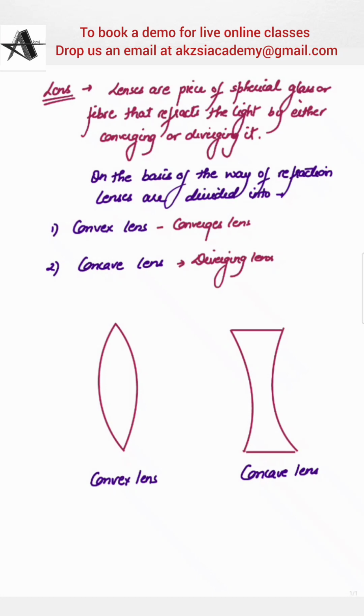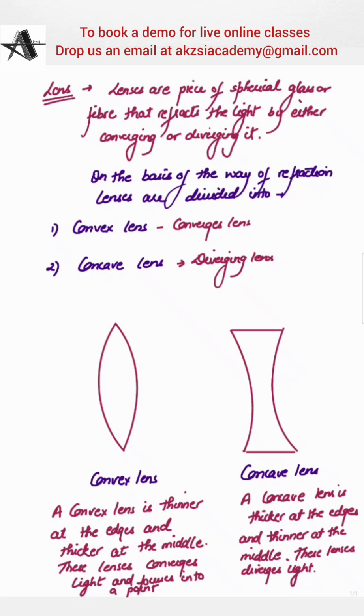So the structure of a convex lens is thinner at the ends and thicker at the middle, whereas a concave lens is just the opposite. That means it's thicker at the ends and thinner at the middle part. The second difference is that the convex lens converges the light, so it's also called a converging lens, whereas the concave lens diverges light and is called a diverging lens. So this is the basic definition where we have described its physical appearance as well as its purpose.